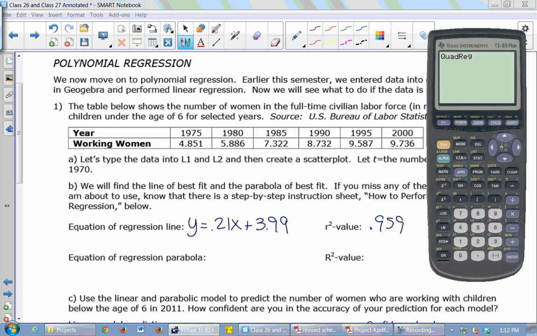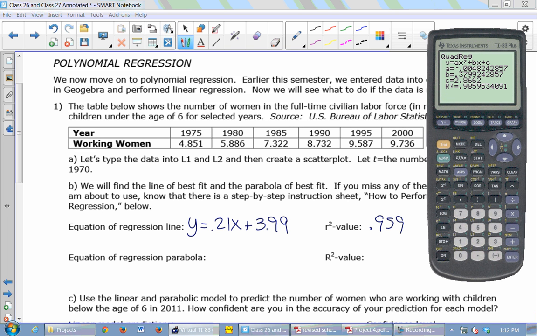All right, so we're going to do quad reg, option 5. Same thing you do for linreg. You do L1, comma L2, comma Y. I'm going to put Y2 because I want to keep the line in Y1, and I'm going to put this new regression in Y2. Enter. And it gives me a quadratic function that will be the best fit quadratic to my data.